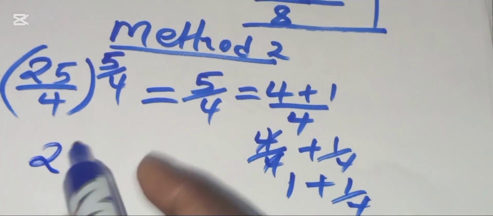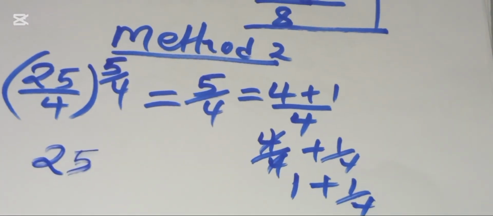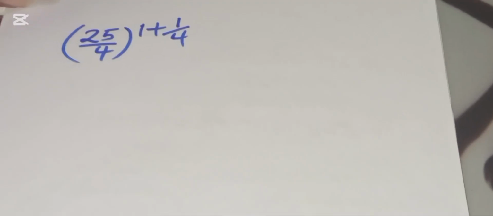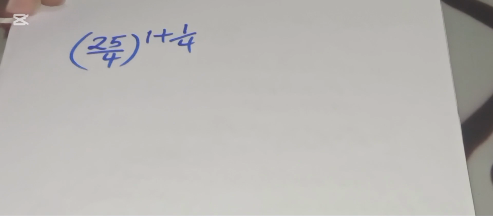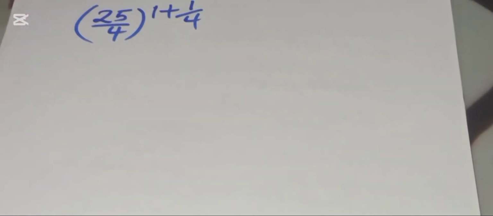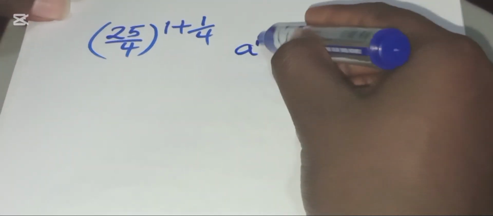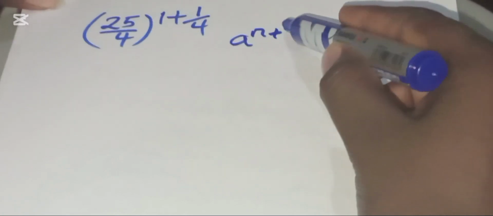We'll have 25. Now substituting the power, which is 1 plus a quarter, we'll have 25 divided by 4 raised to power 1 plus 1 over 4. Now as you can see, this is actually in the form of a raised to power n plus m.